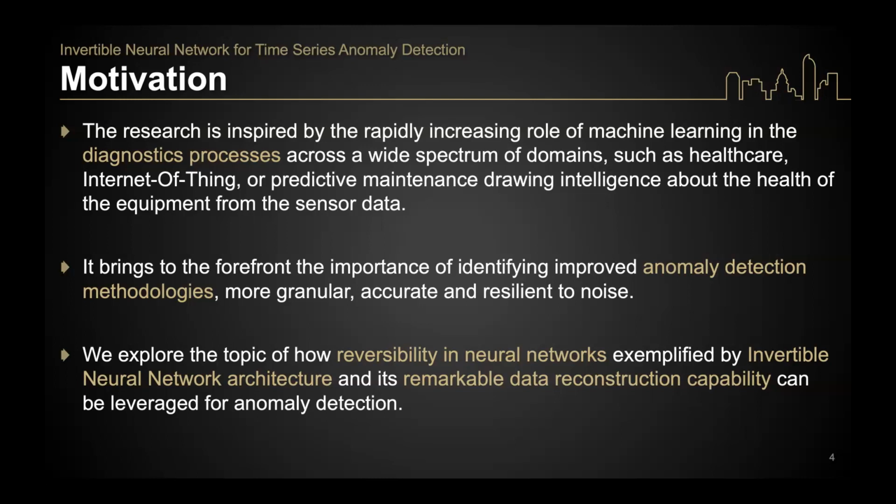The entire field of diagnostics in general leans on it these days. So the motivation is just to improve that, and all of them rely on the data reconstruction capability from the compressed representation, and so that's where the invertible neural networks come in.